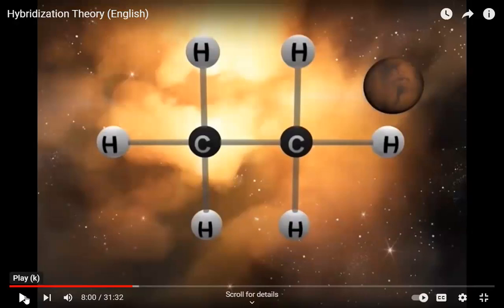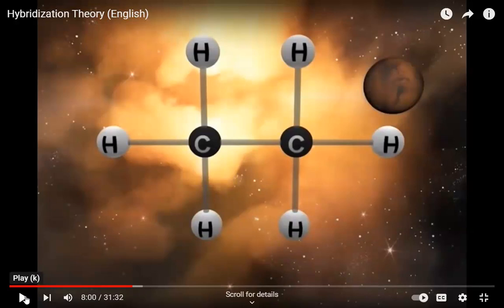Now, both of these carbons are sp3 hybridized. Now, how do you get sp3 hybridized? Remember, carbon is 1s2. We don't care about those 1s2s. 1s2, 2s2, 2p2. Again, the 4 valence electrons are 2s2, 2p2. One goes out of the s and goes into the p.